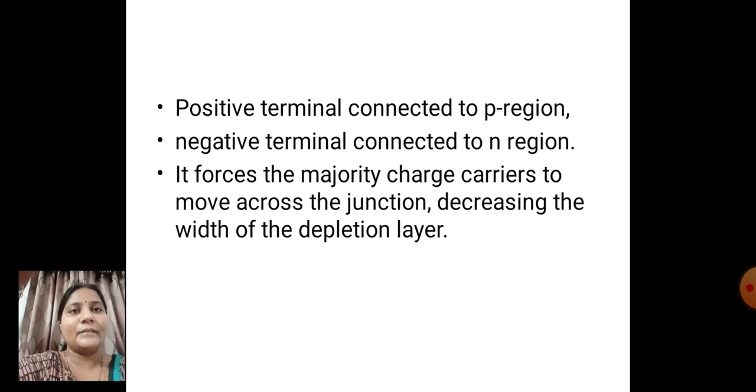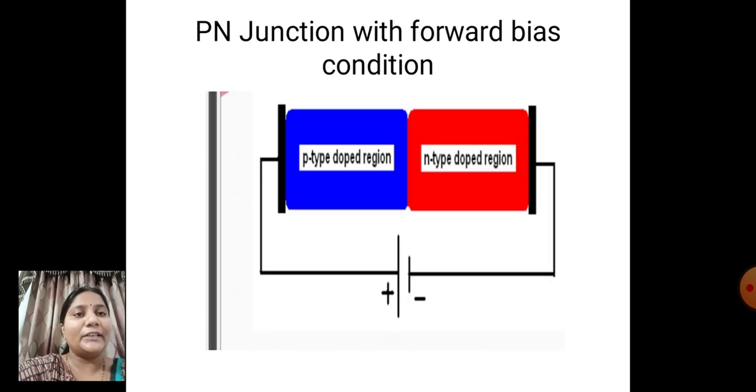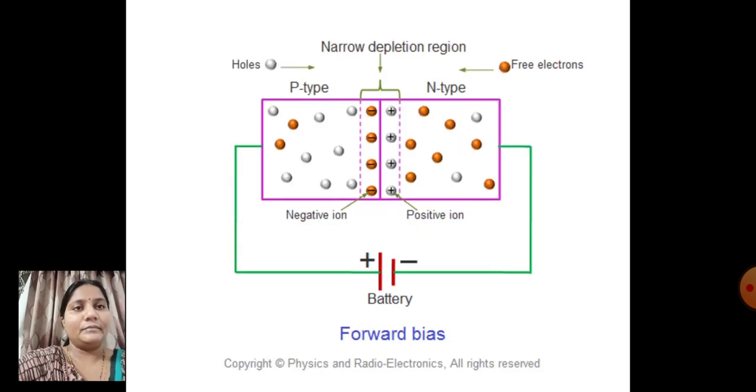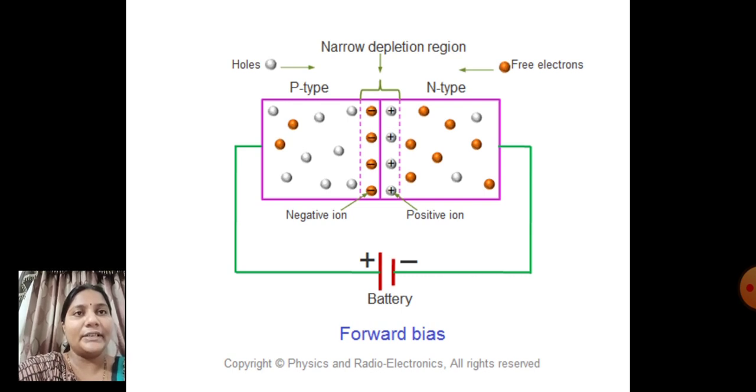We also know that even before the connection of an external supply, when we simply join a p-type semiconductor with n-type semiconductor, a depletion layer is formed immediately. Now we are applying an external positive power supply. This is the forward bias condition here.